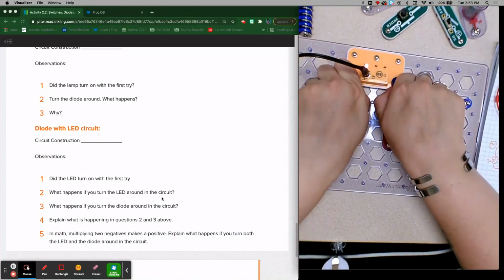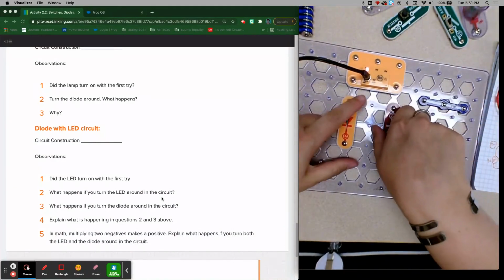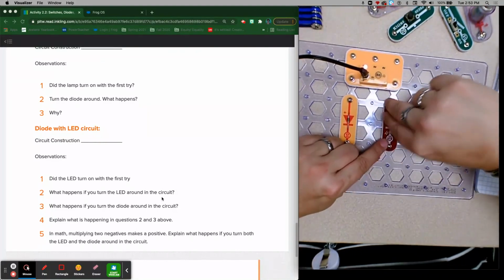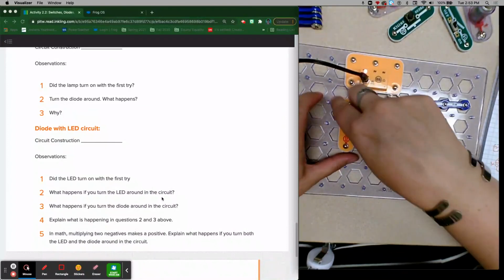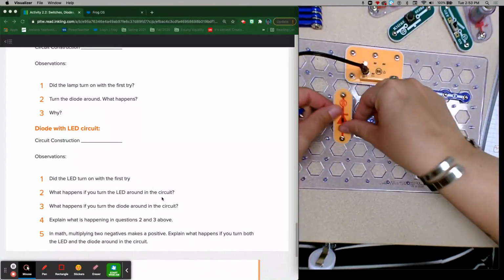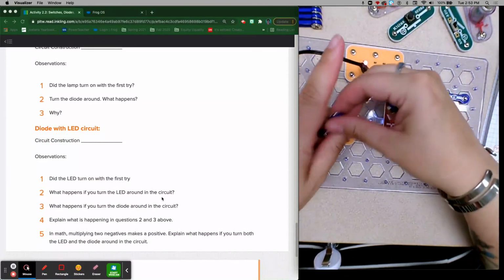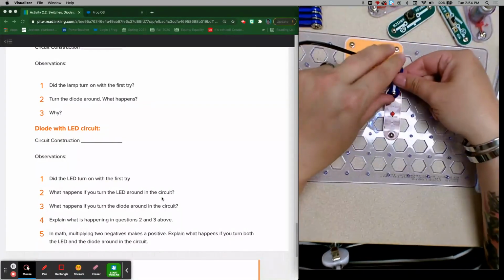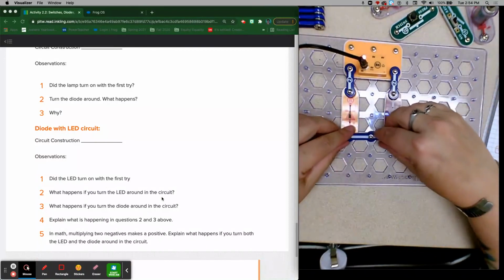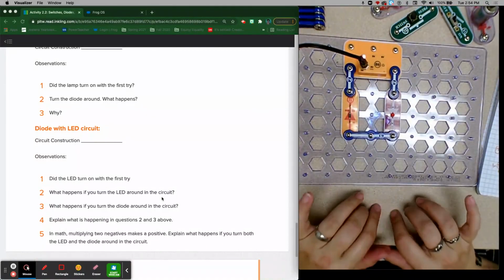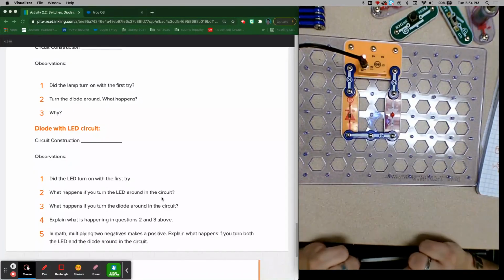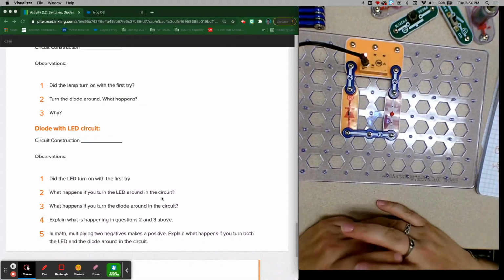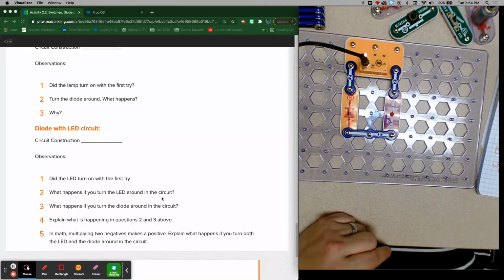But then they ask, what happens if you turn them both around? So this is facing away from negative. This is facing away from negative. Let's see what happens. And that's the nice thing about these snap circuits. You can always see what happens. Still does not turn on. Think about it. Why does that happen?